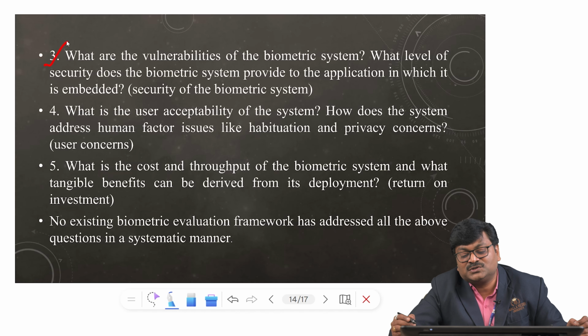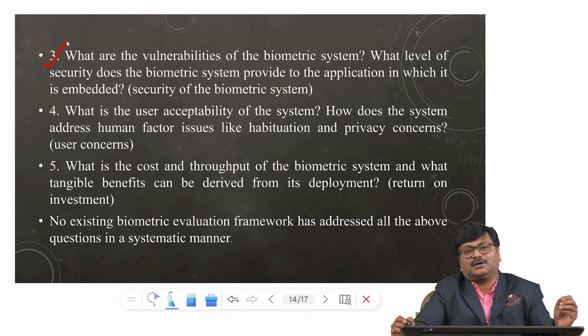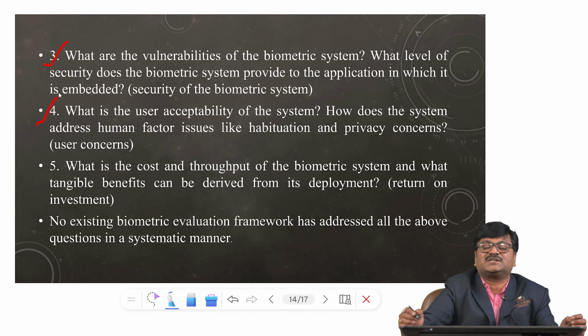And the third most important thing is how secure we are making this biometric system, whether we are providing access to vulnerabilities, or whether we are granting access to spoofing attacks or any other things. So depending upon the application, we need to see the security concerns of it during the evaluation process.